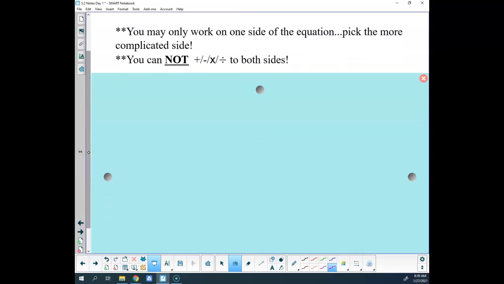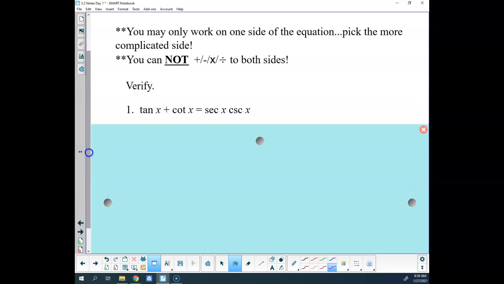So, in trig form, what this looks like, we'll have verify as our directions. So we've got tangent plus cotangent equals secant times cosecant.